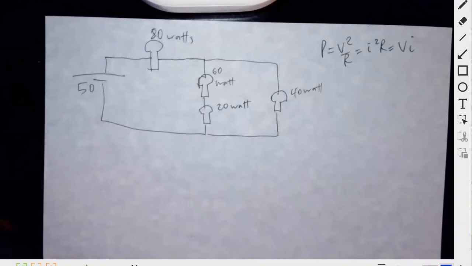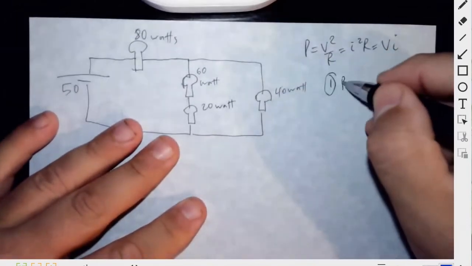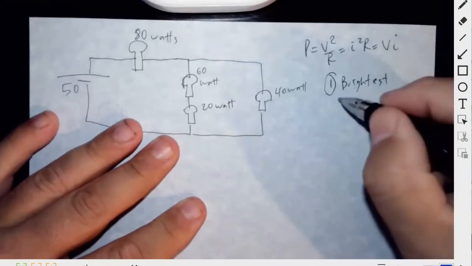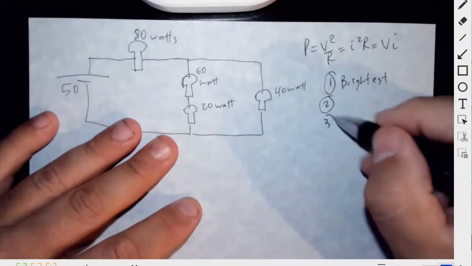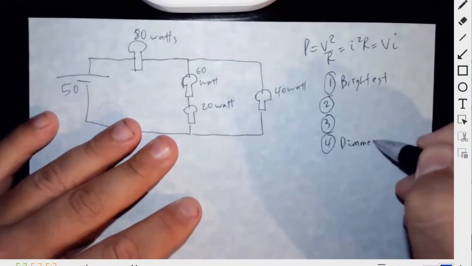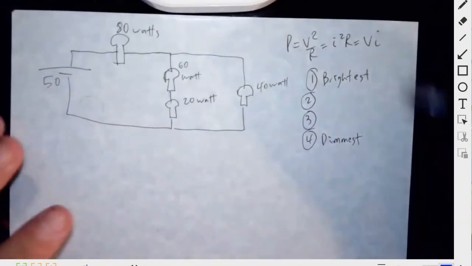Now who's going to be the brightest? Who's going to be the dimmest? So let's rate them. Brightest, second brightest, third brightest, and then the fourth is the dimmest. So now tell me which light bulb is it?